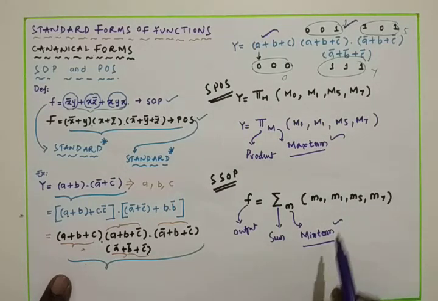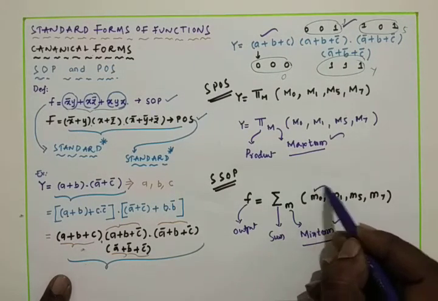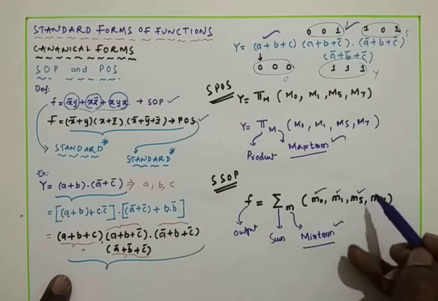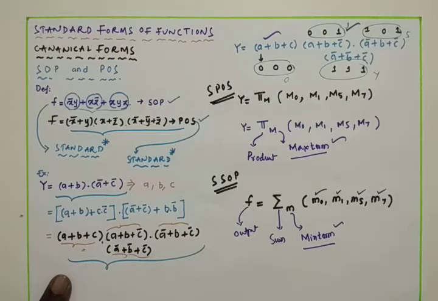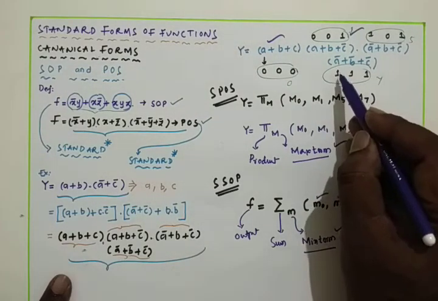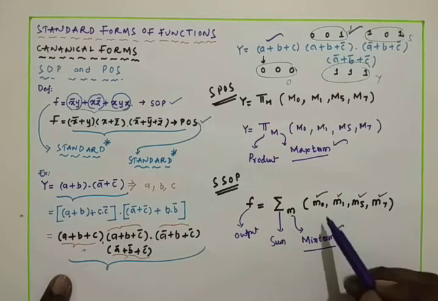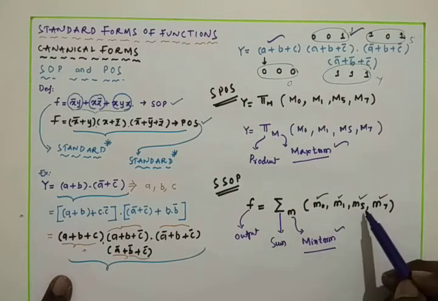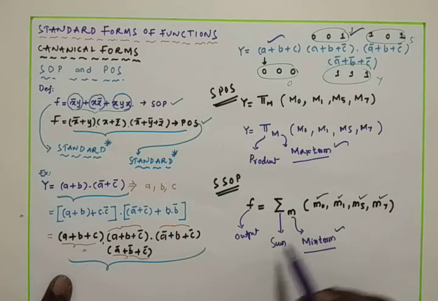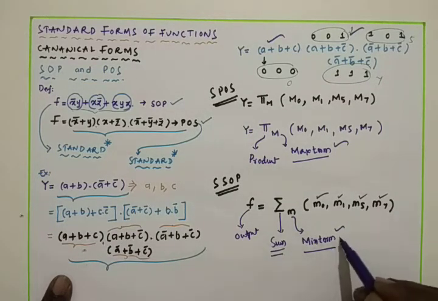It is a sum of min terms: M0, M1, M5 and M7.